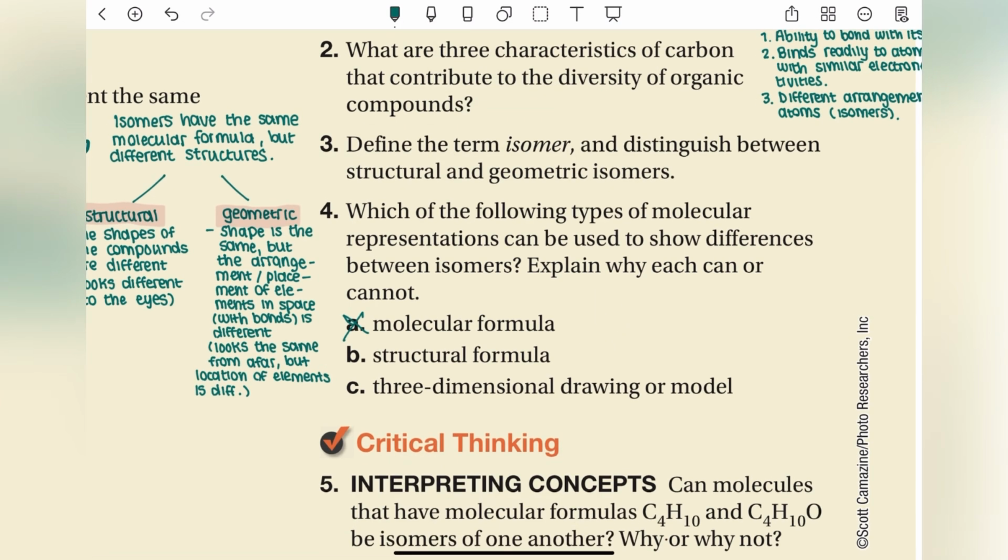So a structural formula would show the difference between isomers, as we saw in the examples above, and a three-dimensional drawing or a model would also show us a difference between two isomers because it would show us the differences in structure.